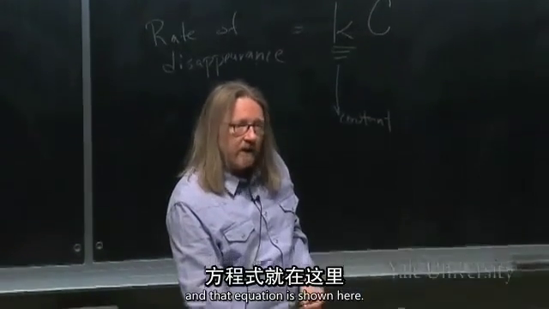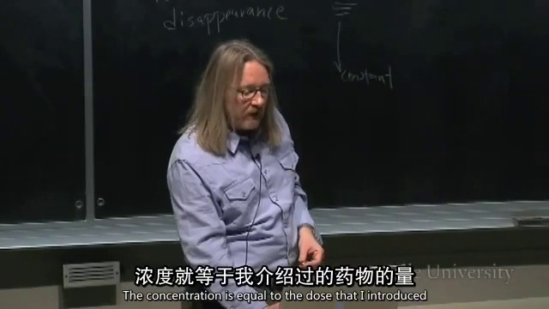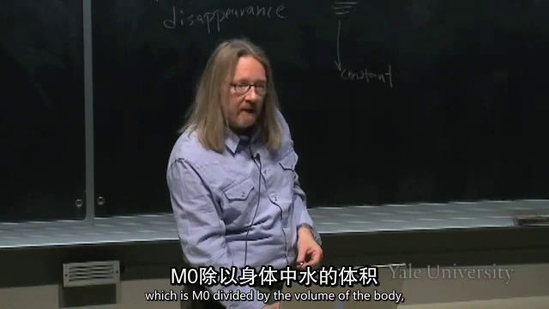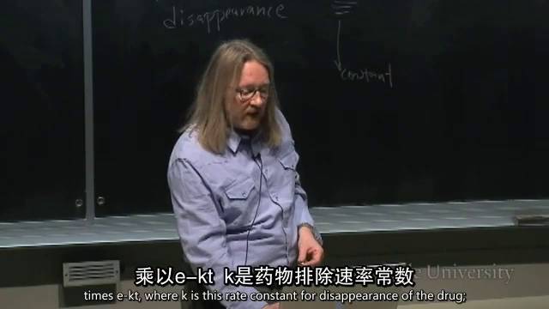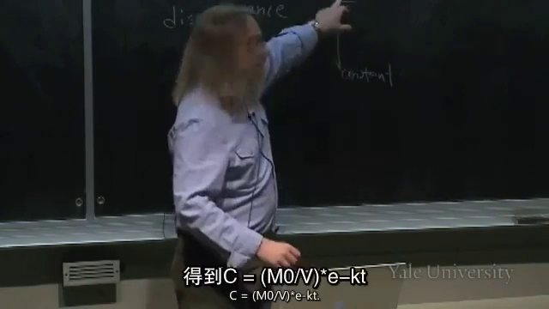And that equation is shown here. The concentration is equal to the dose that I introduced, which is m sub 0, divided by the volume of the body, times e to the minus kt, where k is this rate constant for disappearance of the drug.